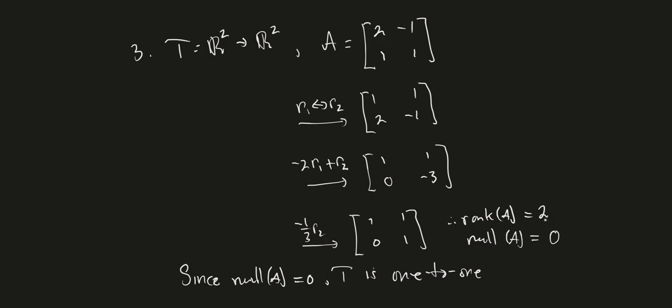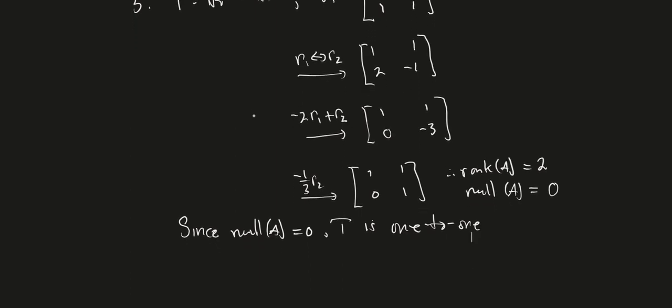And look, the rank of this matrix is equal to 2, the dimension of my codomain. So since the rank of A is equal to 2, which is equal to the dimension of R2, this means that T is onto.